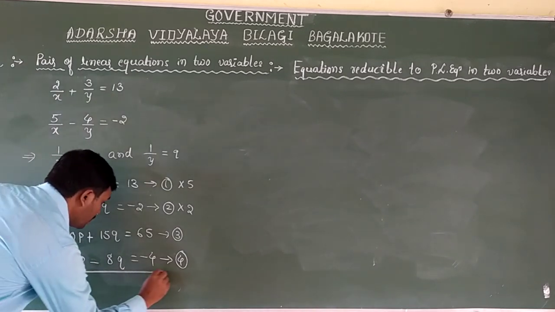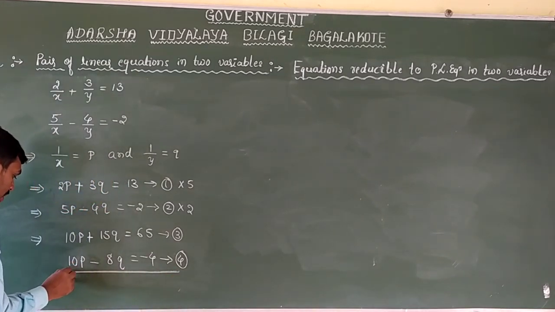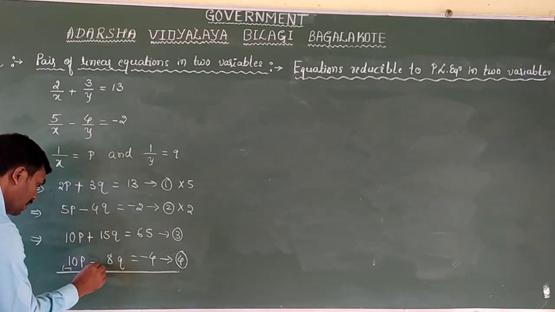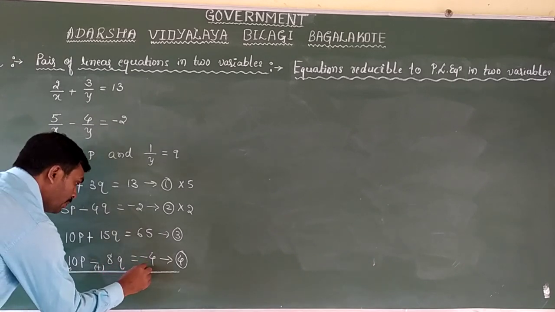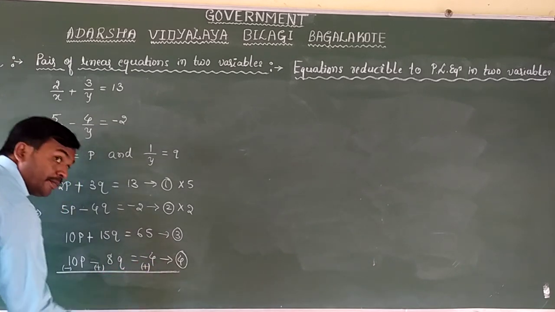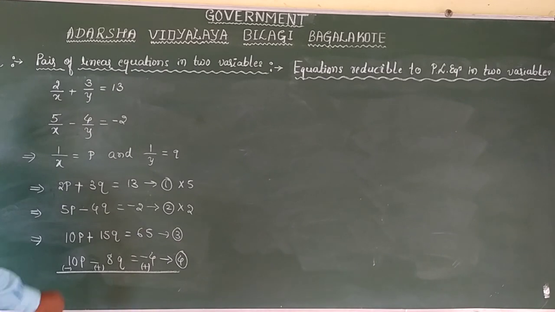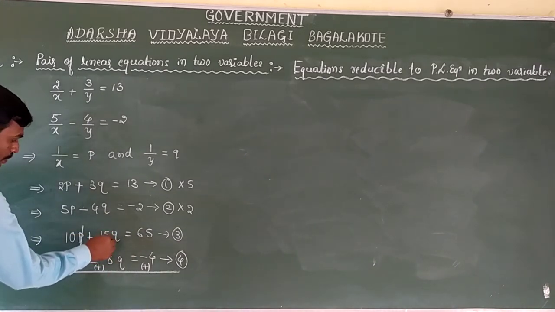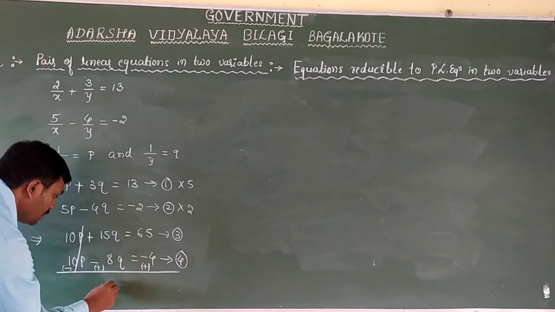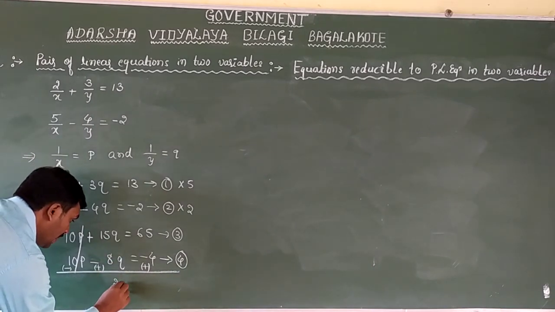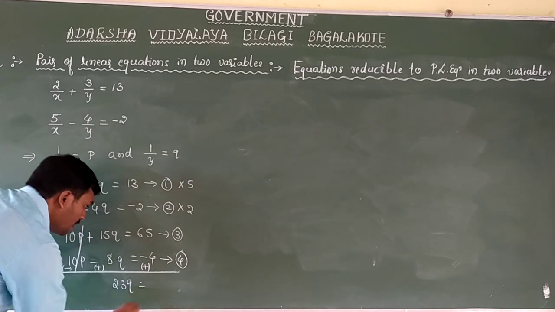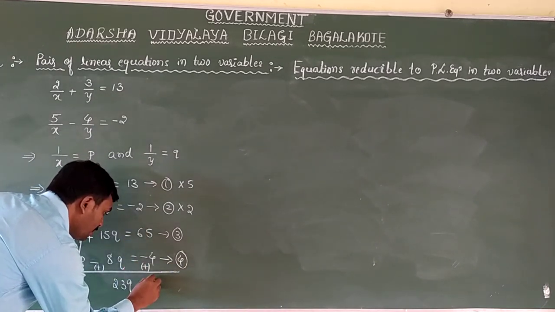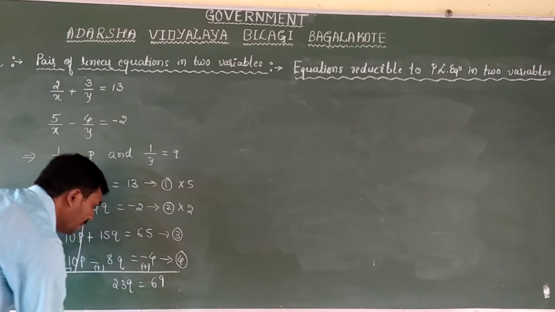If we solve these two equations simultaneously, children, here plus 10p becomes minus 10p, minus 8q becomes plus 8q, as minus becomes plus. So 10p and minus 10p both get cancelled. Here plus 15q plus 8q is equal to 23q, equal to 65 plus 4, which is 69.